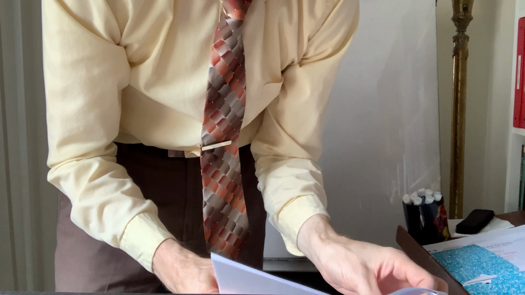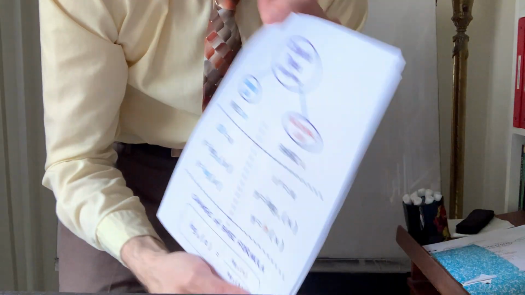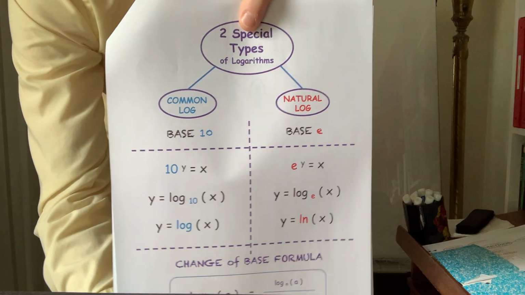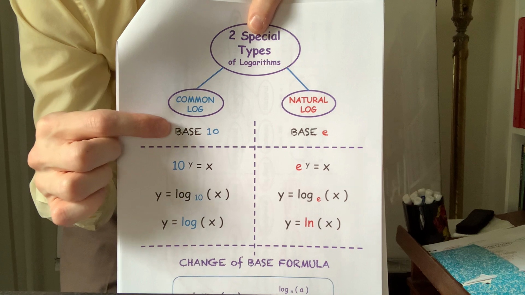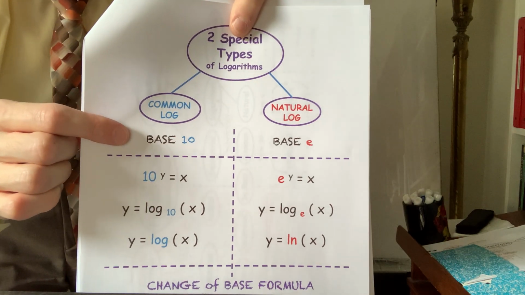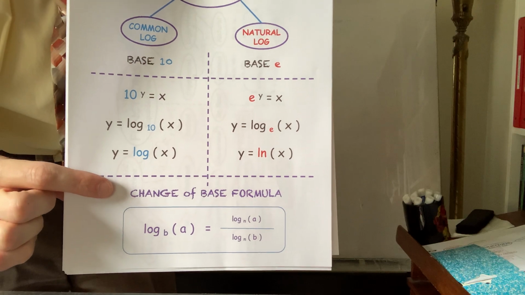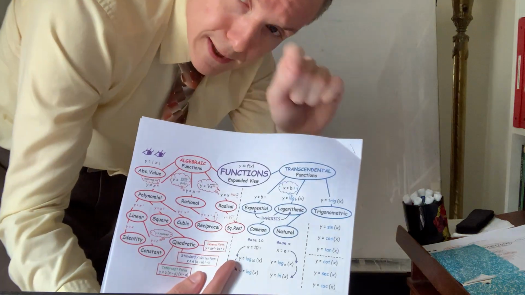Lastly, these are 2 special types of logarithmic functions, base 10 and base e. There's an infinite number of bases because there's an infinite number of numbers really, but these are special, and a reference to the change of base formula. If you're following along, do print that out. You can annotate as we discuss.